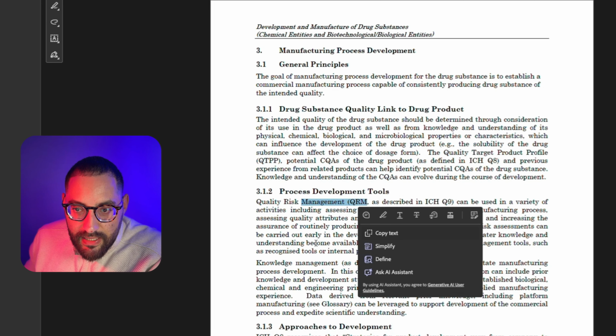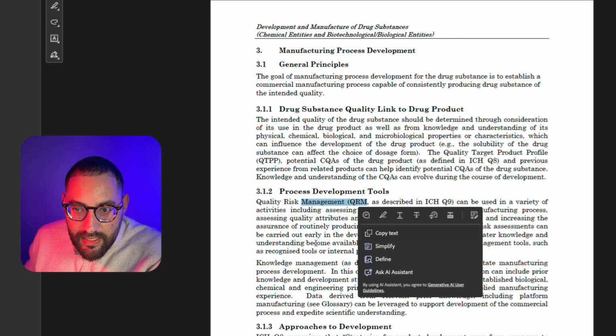It talks about design space as well in this section, CQAs, linking material attributes and process parameters to substance CQAs, and how you summarize the overall process development. And I think it's important to understand with some of these ICHs, like we've covered in the past, a big part of why they exist is to align and harmonize on how the data is summarized for a submission. And that's what's covered in the scope of this document.